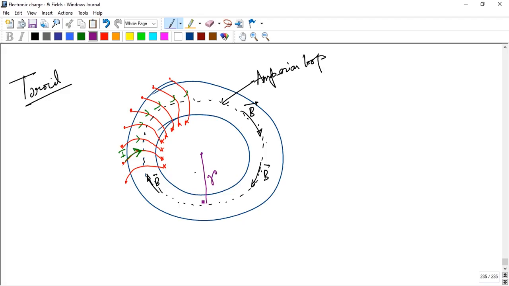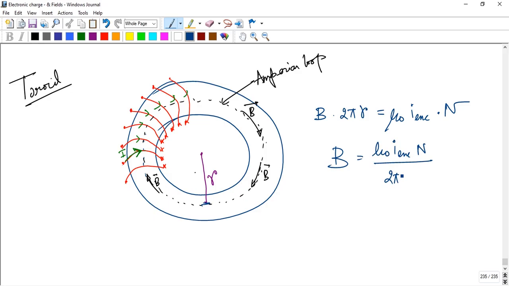Applying Ampere's law, the integral of B dot ds, where ds is the circumference of the Amperian loop, 2 pi r, equals mu 0 I enclosed times capital N, the number of turns. So finally we get B equal to mu 0 N I divided by 2 pi r.